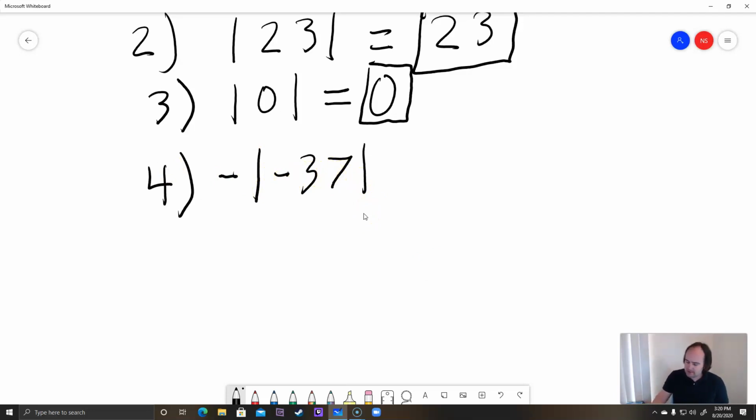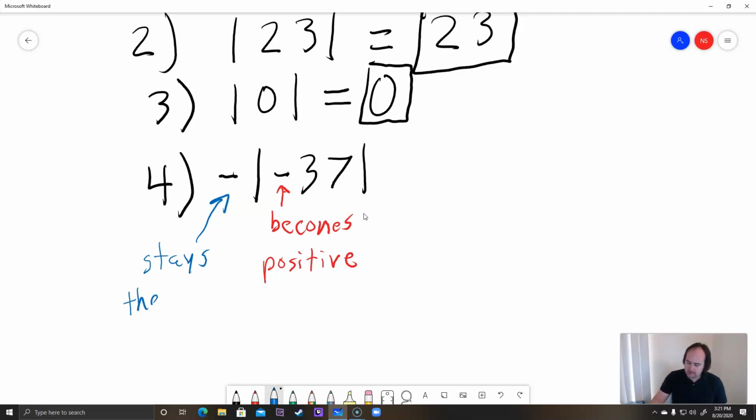So what happens here is the minus on the inside becomes positive. But the minus on the outside, because it's not inside of the absolute value, actually just stays the same.